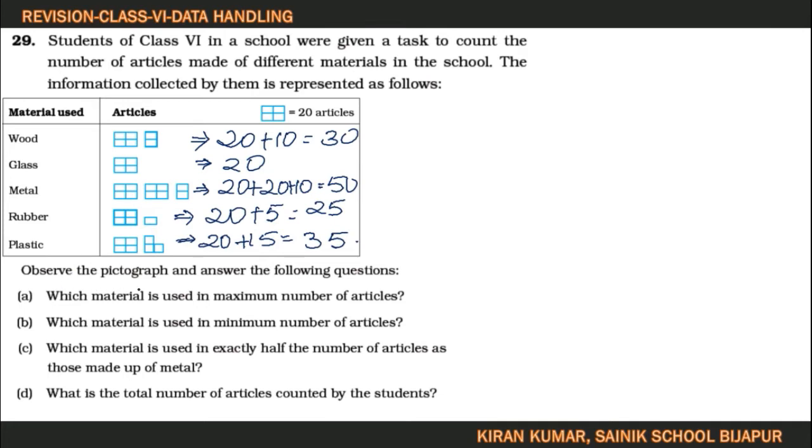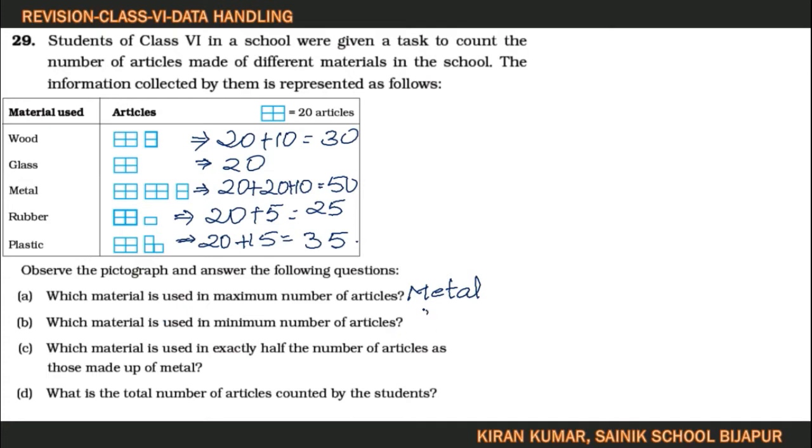Now observe the pictograph and answer the following question. Which material is used in maximum number of articles? Here the maximum number of articles contain metal because it's maximum, 50. Which material is used for minimum number of times in the articles?